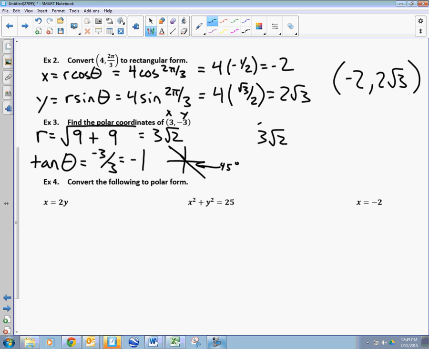So I have 3 roots of 2 is my r, and 7 pi over 4 is my theta. I tangent inverse 1, and I get pi over 4. I know it's in the fourth quadrant, so I go pi over 4 units this way, or a turn of pi over 4, which brings me to 7 pi over 4.